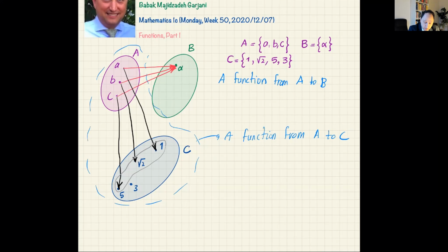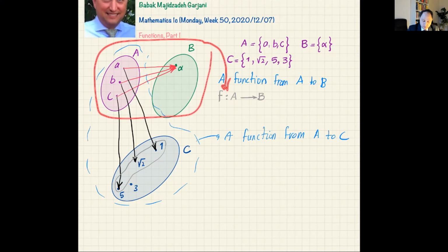If you want, I can call this function the function f, and then I put a colon in front, and I put A, and then I put an arrow in front of A, and then I put B. This should be read in this way: f is a function from A to B. I call this function, this part, f. So if you want, you can write f on top of this.